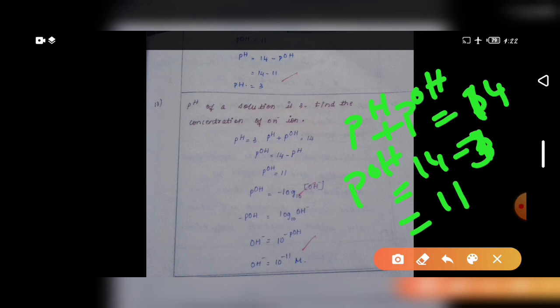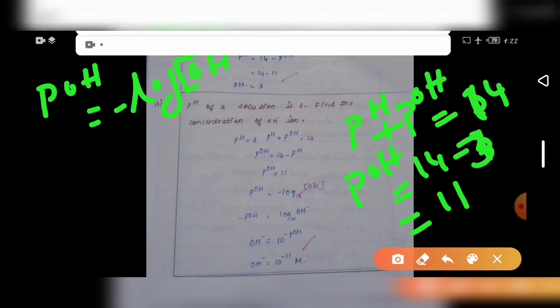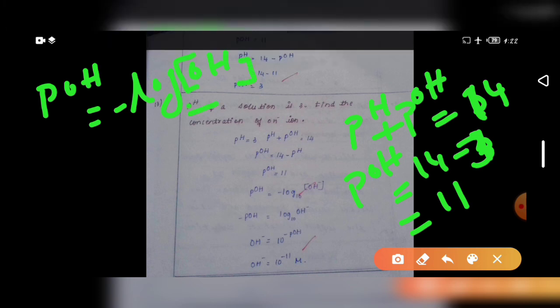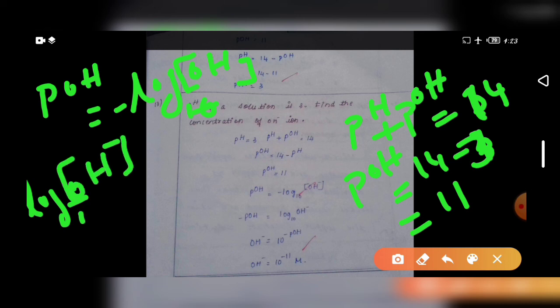From that 11 you have to calculate: pOH is equal to minus log of OH minus ion concentration to the base 10. The pOH value you know, so first you bring it to this side: log of OH minus ion to the base 10 equal to minus pOH.